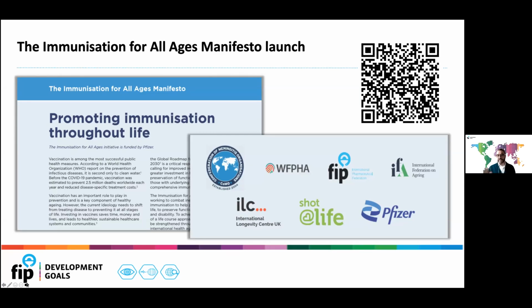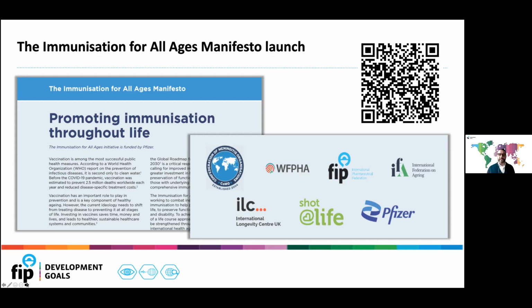So FIP is there, but you can see in the logos that we're joined by the International Federation on Ageing, the World Federation of Public Health Associations, the Confederation of Meningitis Organizations, the International Longevity Centre UK, and the Shot at Life advocacy organization.